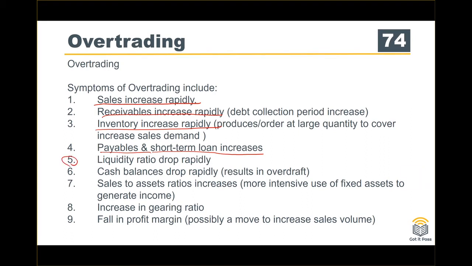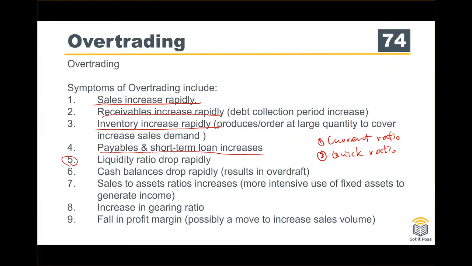I hope you remember what liquidity ratios are, like the current ratio and the quick ratio. These have already been covered in the syllabus or examinations before, not in F9, but in some examination before. So right now, I assume that you know what a liquidity ratio is.